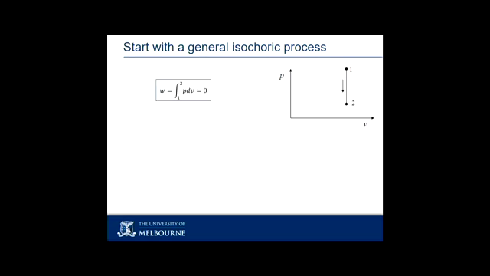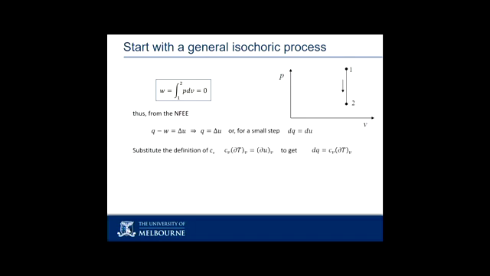So work, the area under the graph, equals 0, and then from the non-flow equations, all I've got is Q equal to the change in energy. I've dropped Q minus W equals delta U. If work is 0, I've got Q equals delta U. So for a small step, dQ equals dU. The change in heat transfer equals the change in internal energy.